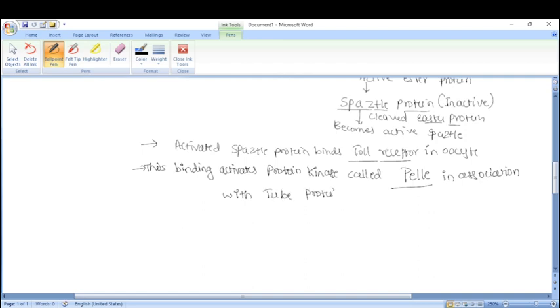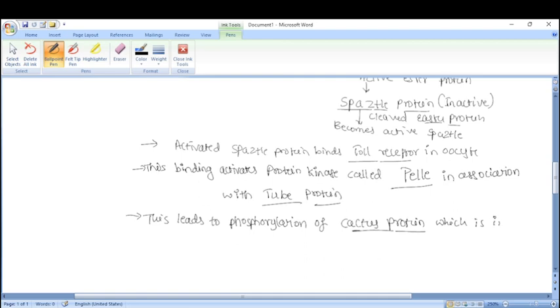This Pelle leads to phosphorylation of Cactus protein, which is in association with another protein, the Dorsal protein.